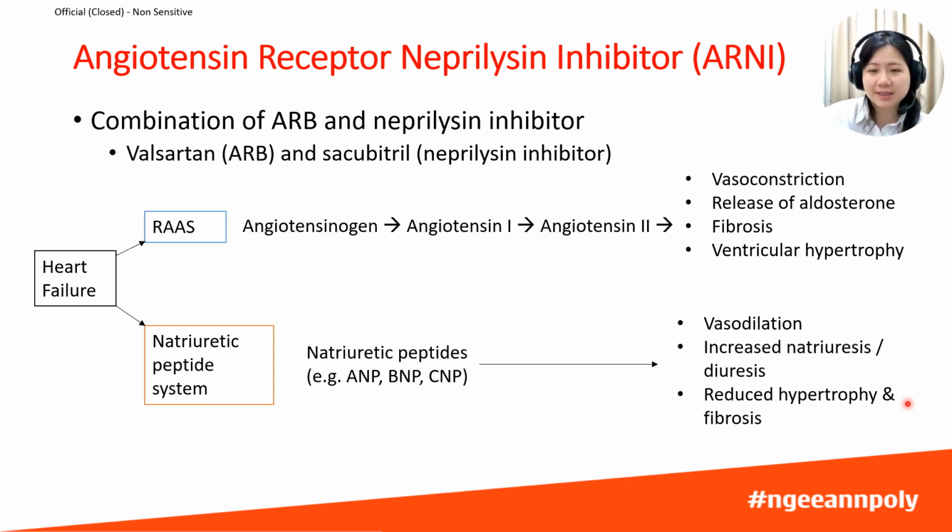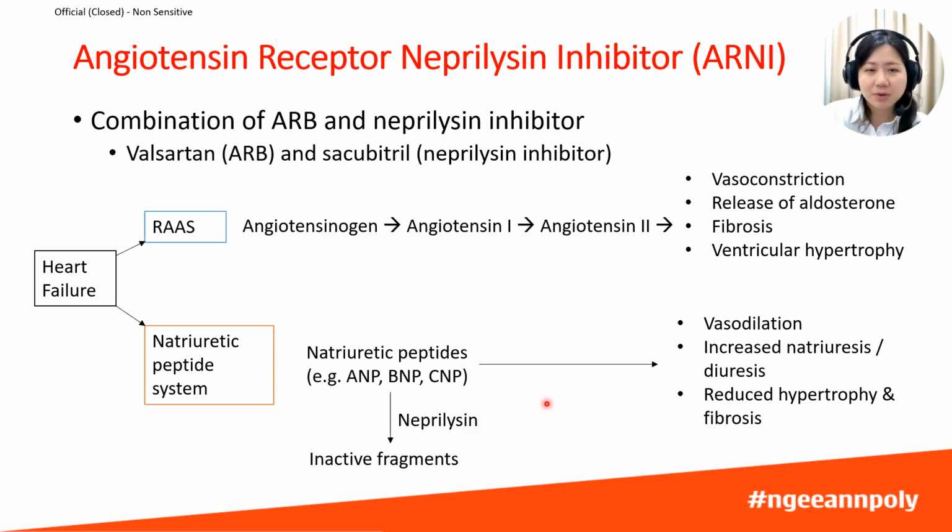On the other hand, the natriuretic peptides, for example ANP, BNP, and CNP, cause the opposite effects from the RAAS. They cause vasodilation, increased natriuresis, which is increased excretion of sodium in the urine, and diuresis, which is increased production and excretion of urine. They also cause reduced hypertrophy and fibrosis.